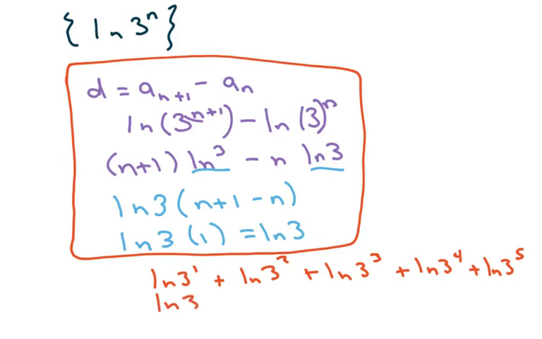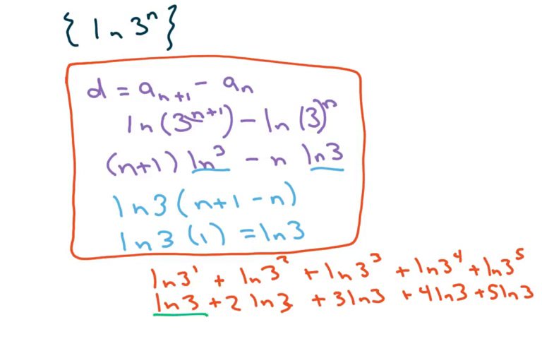So that's ln of 3, plus 2 ln of 3, plus 3 ln of 3, plus 4 ln of 3, plus 5 ln of 3. So this is like saying 1 of these, 2 of these, 3 of these, 4 of these, 5 of these. I keep adding an extra ln of 3 because that's my common difference, okay?